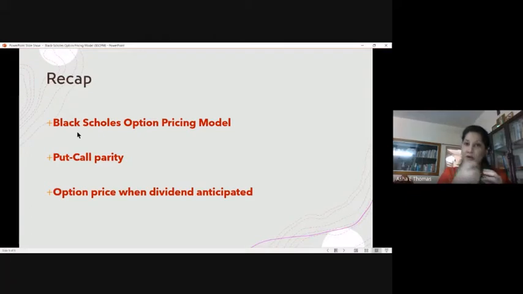So in order to incorporate the dividend element, the Black-Scholes model was slightly modified by reducing the present value of dividend gain from the spot price. That's the only change made to the formula for incorporating the scenario of receipt of dividend during the holding period. So these were the three aspects which we discussed in today's class.